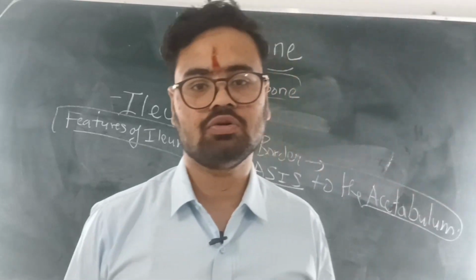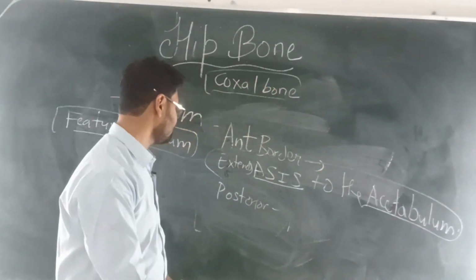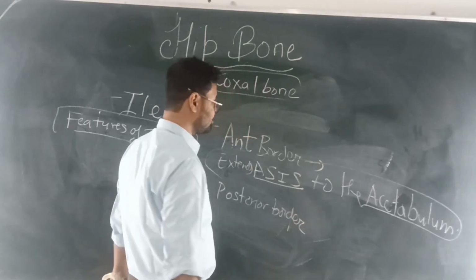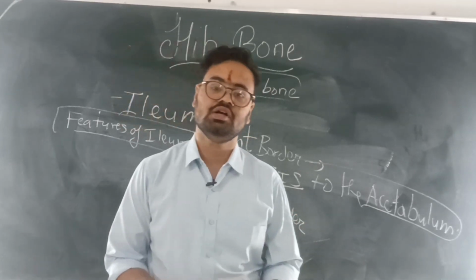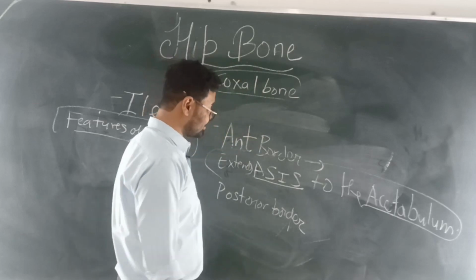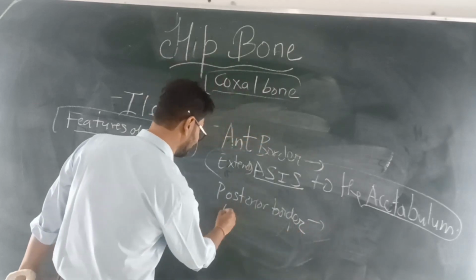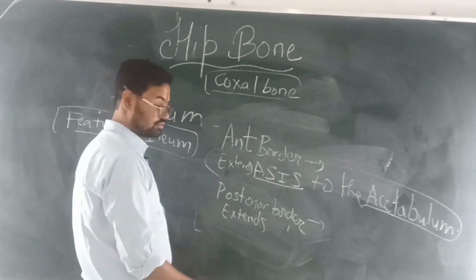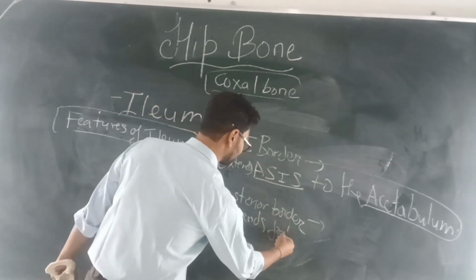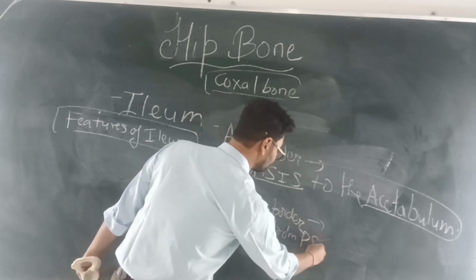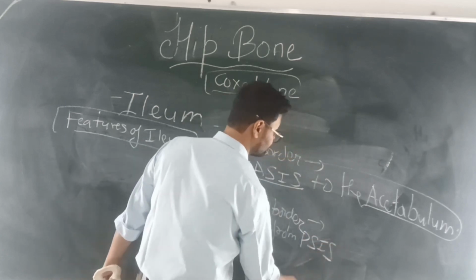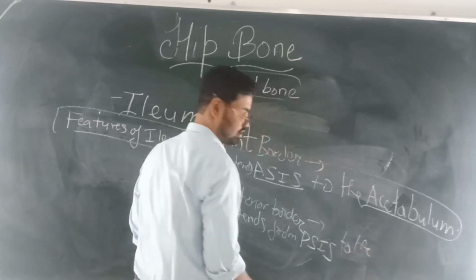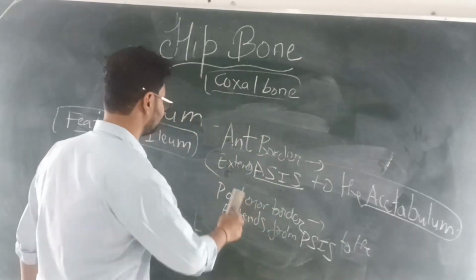Now the posterior border of the ilium extends from posterior superior iliac spine to the, wait, let me make it more clear.